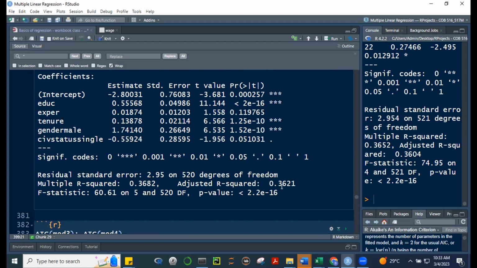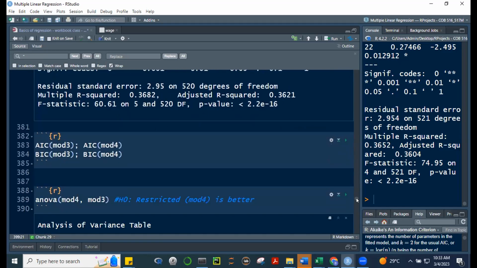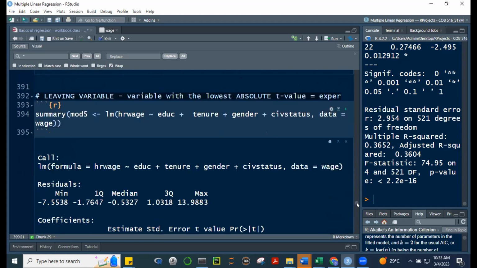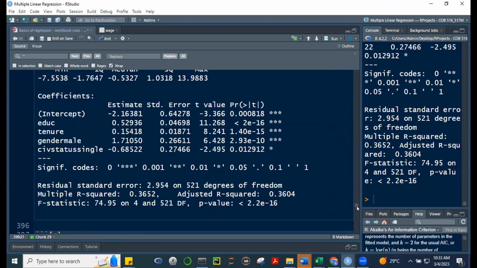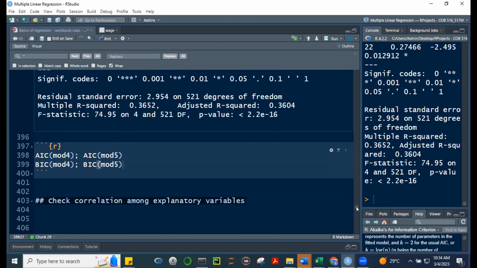But when we did AIC and BIC, it turns out that mas maganda yung model number 4 kaysa model number 3. And model number 4 has the lower adjusted R squared. So our conclusion there is that we do not use without reservation si adjusted R squared to determine which of two models is better.